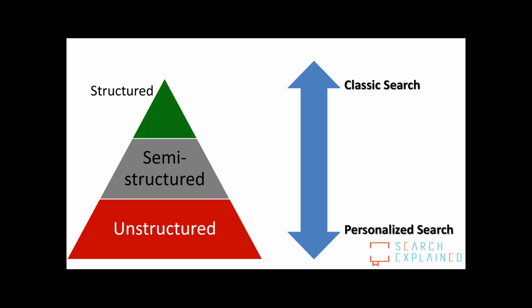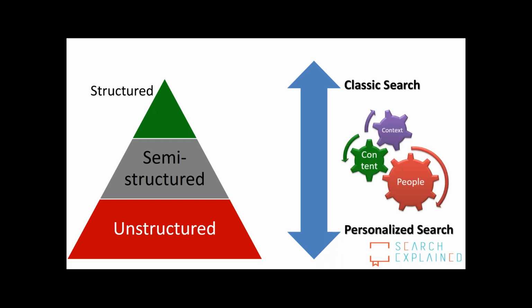Because with unstructured content you don't have good metadata, you don't have good tags and properties on the documents, you don't have anything that you could customize and enhance the classic search. Because classic search always needs good metadata. The better metadata you have, the better classic search can be. So I recommend to use classic search for your structured content and more personalized search for your unstructured content, and vice versa. If you want to use classic search, you have to structure your content better.